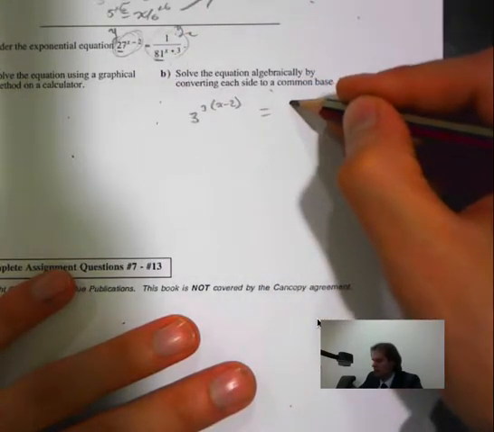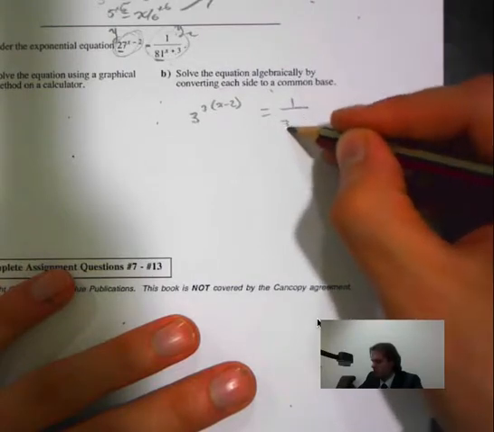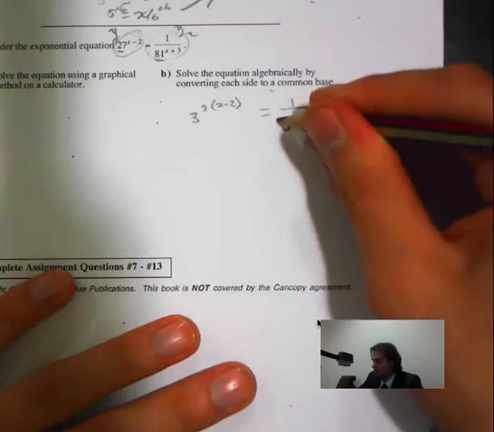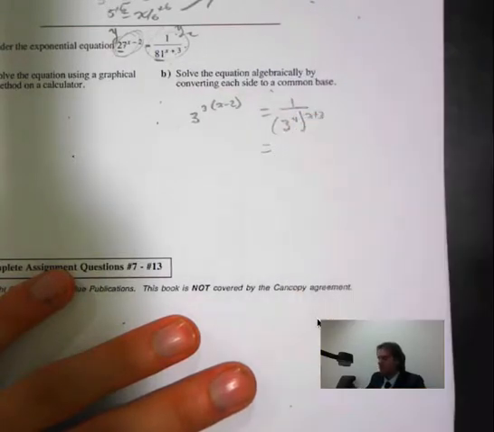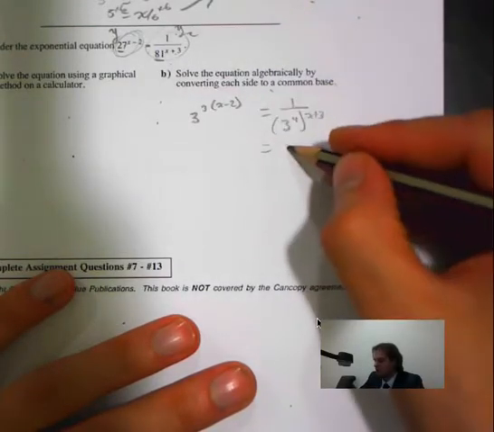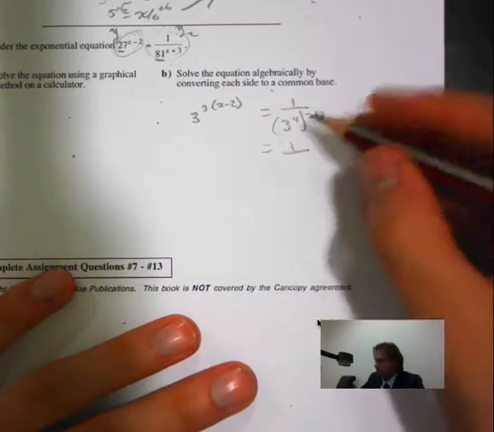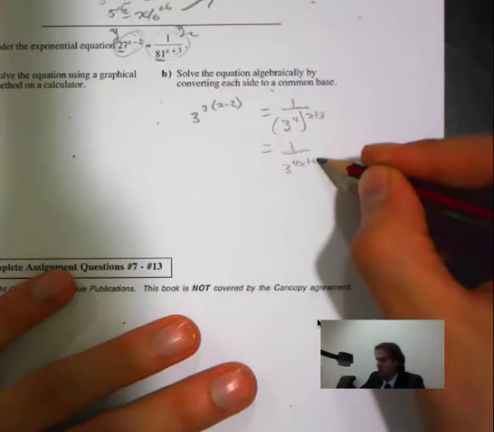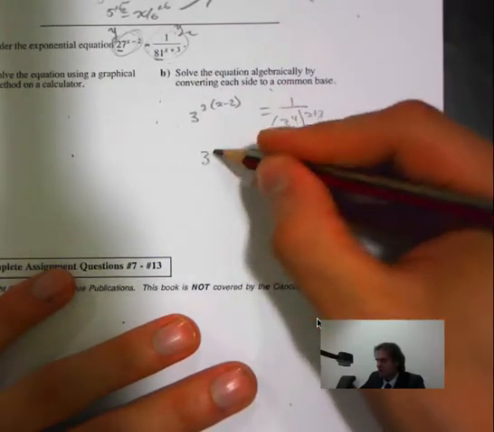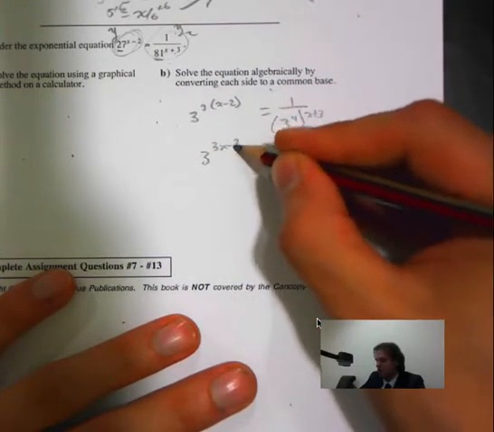So I'm going to have 1 over 3 to the 4x plus 3. Okay, so now we're almost in the same base. So this is the same thing as 1 over 3 to the 4x plus 12. And this one here is the same as 3 to the 3x minus 2.